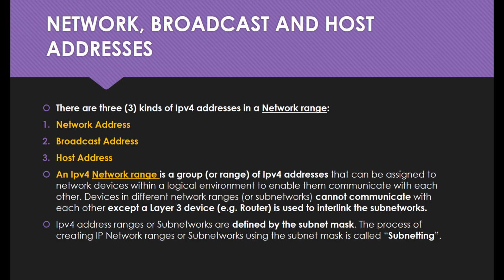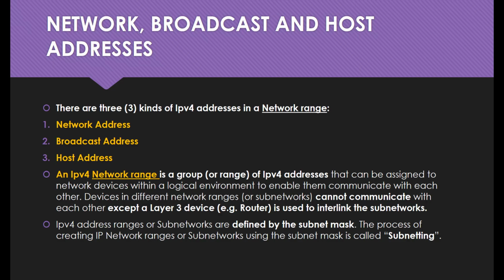Devices in different network ranges or subnetworks cannot communicate with each other, except a layer 3 device, for example a router, is used to interlink the subnetworks. So what this means is that IP devices can connect together if they are in the same IP network range or subnetwork.